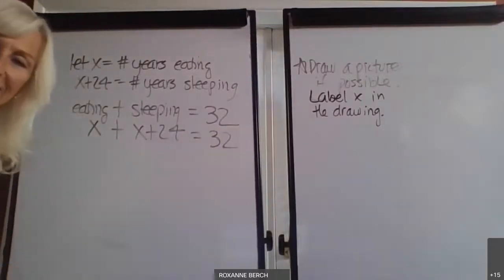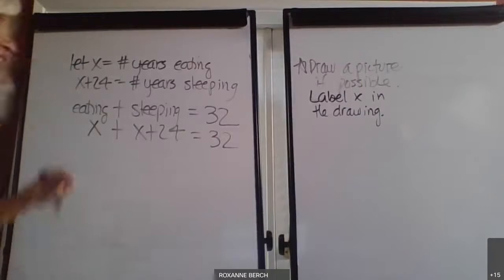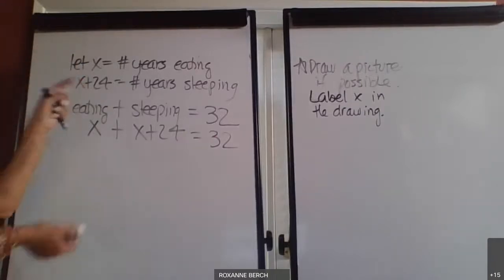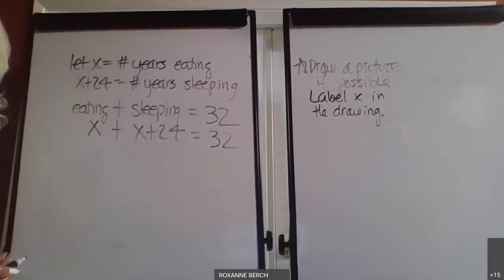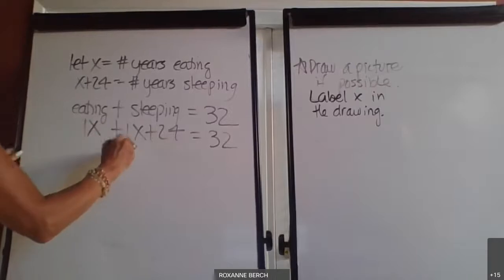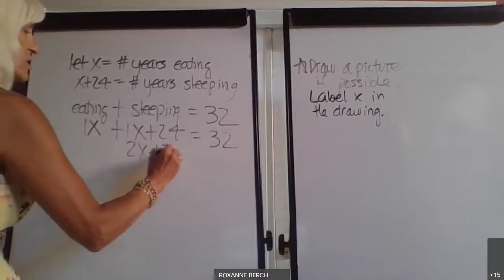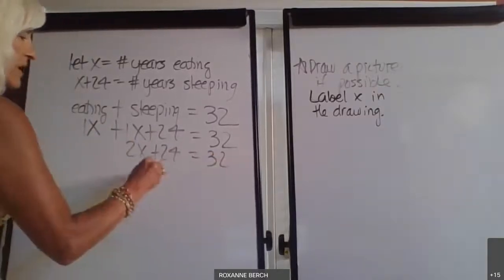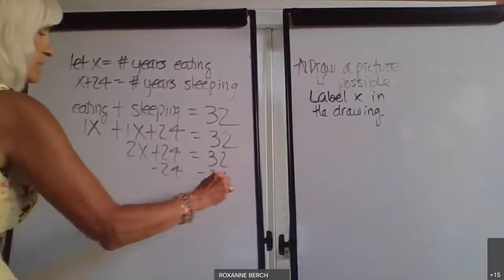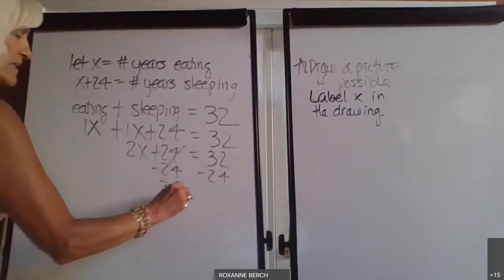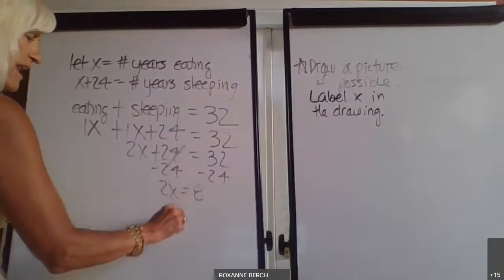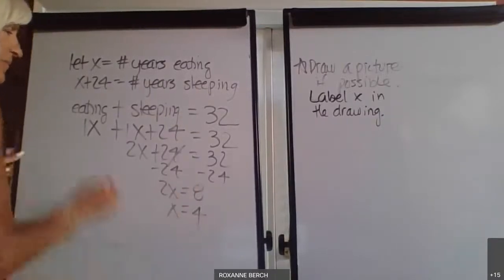Can't we find X? And if we find X, are we going to get the answer for the number of years eating? And if we get X, can we plug it in here and get the number of years sleeping? So X plus X, 1X plus 1X is 2X, plus 24 equals 32. Subtract 24. 2X is equal to 8, and X is equal to 4.